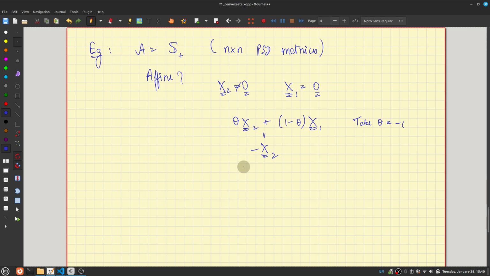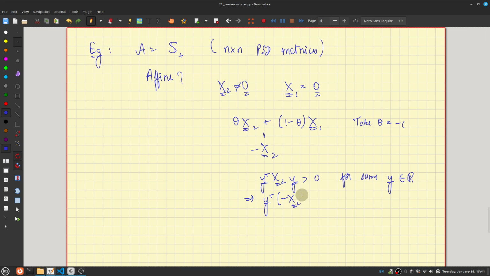Yep, so one way is to say that if you look at Y transpose X2 Y, it is going to be greater than 0 for some Y, which means that Y transpose minus X2 Y is less than 0.